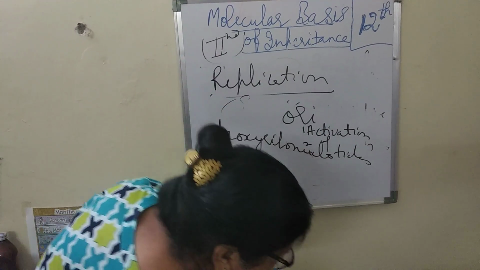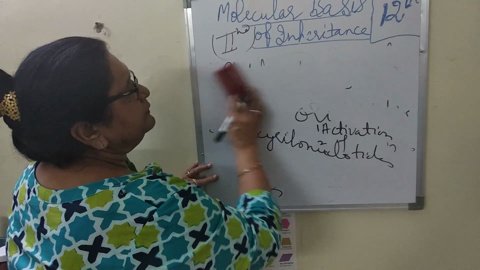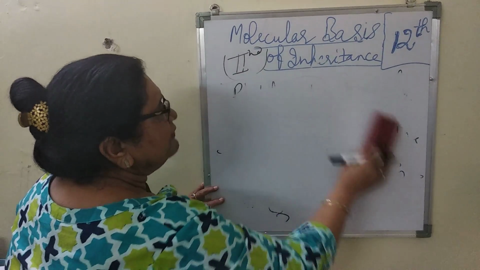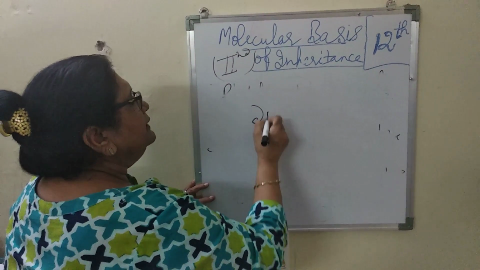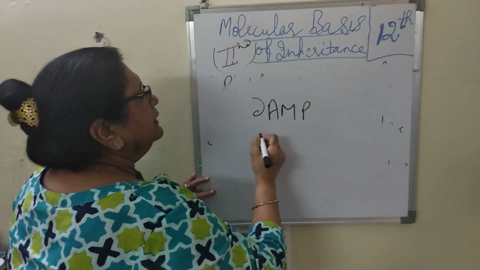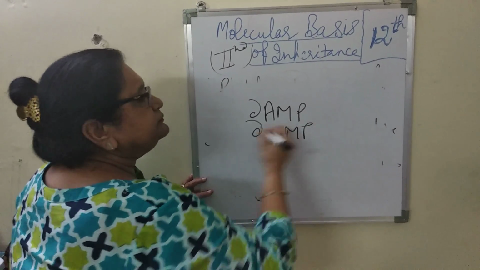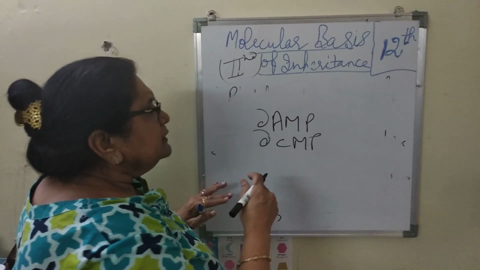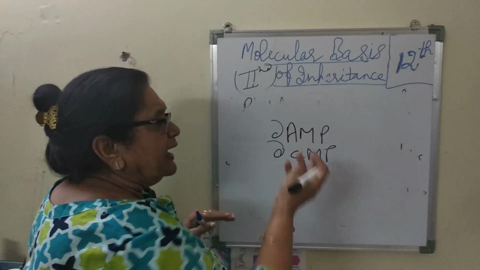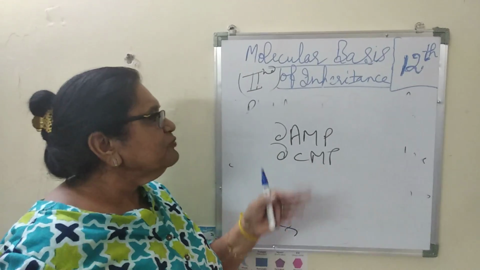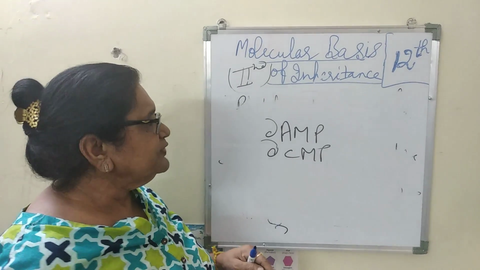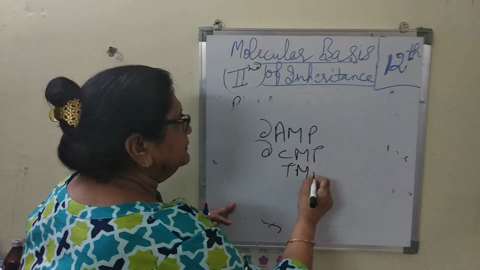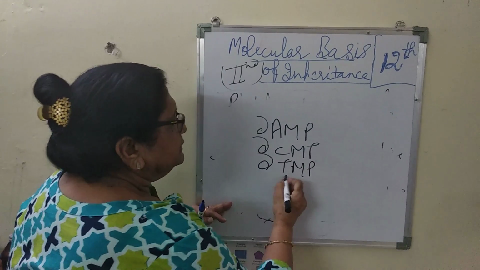It means they are freely present in the cytoplasm. They occur in the form of dAMP, dCMP, right? MP means monophosphate: adenine monophosphate, thymine monophosphate, TMP, GMP.